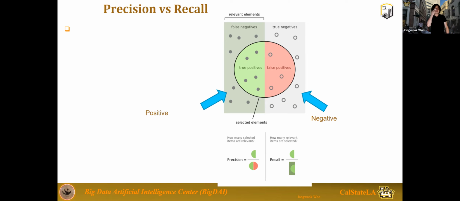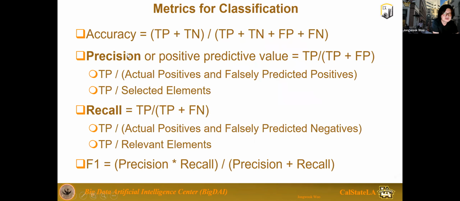That is the definition of precision. And recall is similar: you use true positive, but at the same time you need to use false negative as well. False negative means your model predicts this data is negative, but actually it is positive. So true positive divided by the sum of false negative and true positive is called recall. Precision and recall are used to determine the accuracy of your model.